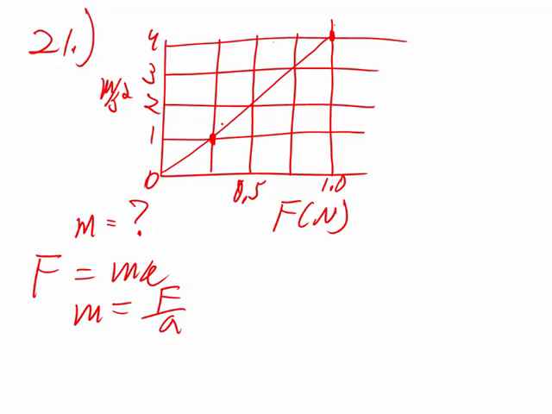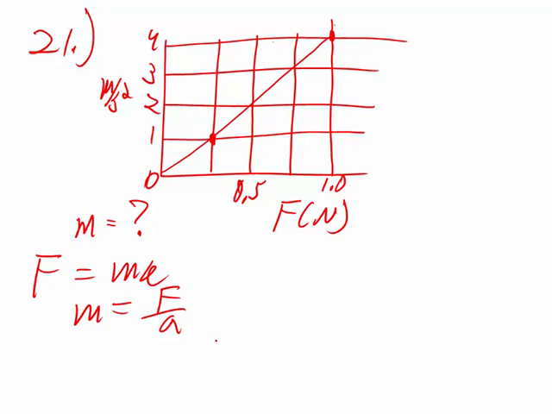So basically what we're doing is the slope of the line, because F is equal to ma, so m is equal to F over a, right? Yes, F over a. So the force divided by the acceleration.